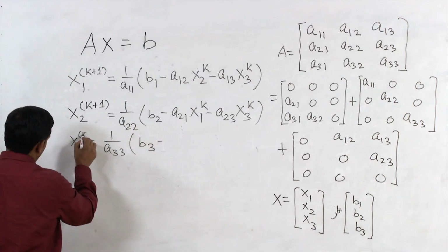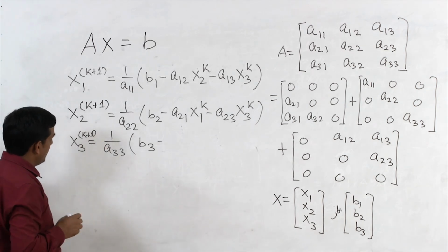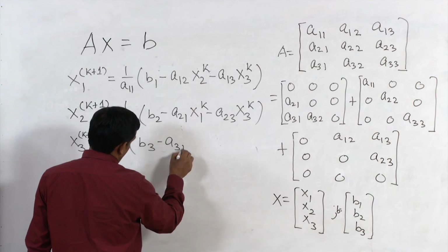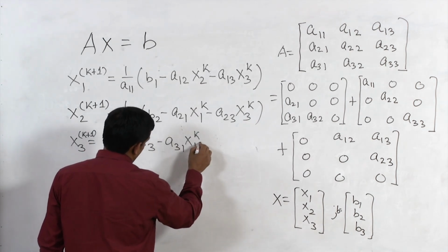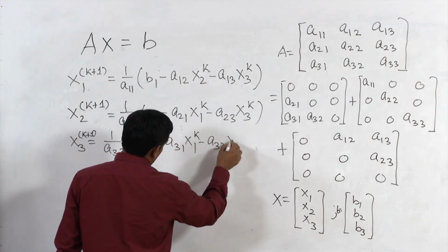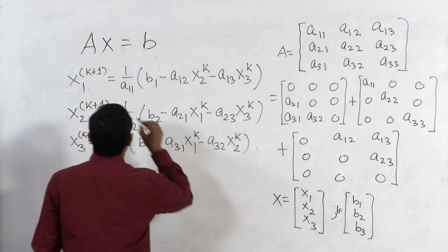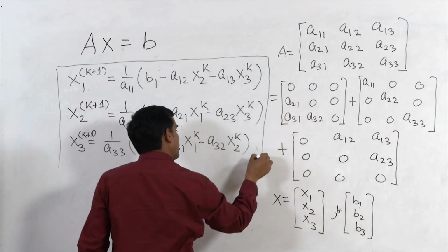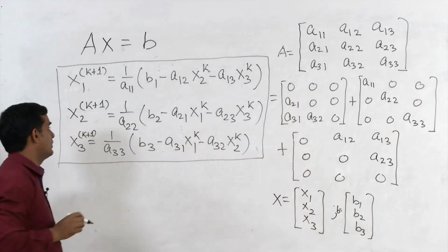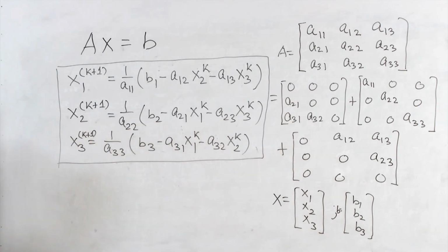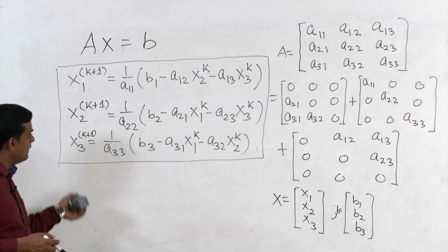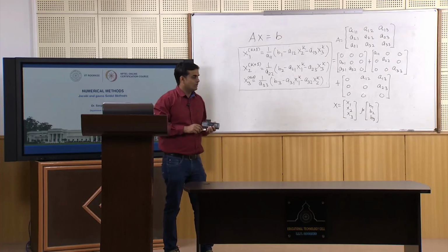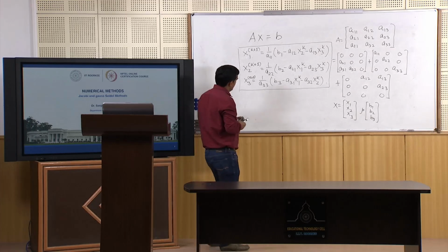So, x3^(k+1) equals 1 upon a33 into b3 minus a31 x1^k minus a32 x2^k. So, these 3 iterative equations can be updated simultaneously to get the iterative values of x in each iteration.